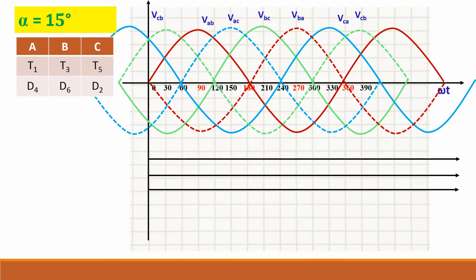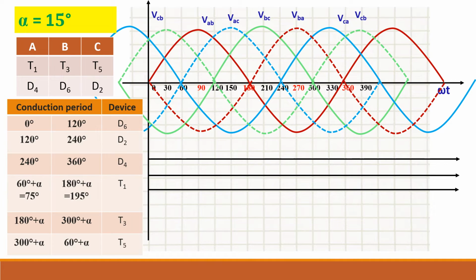Next we will consider another case, alpha equal to 15 degree. So draw the conduction table. The D6, D2, D4 time periods will not change, same as the previous case, alpha equal to 0.